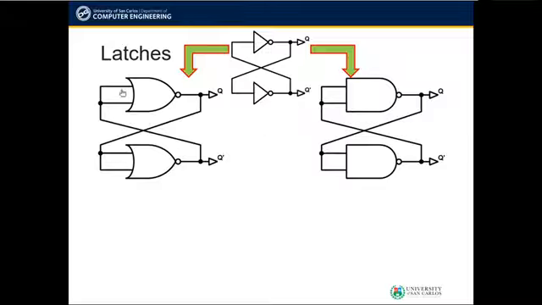We have this circuit with the NOT gates implemented using NOR gates, and this circuit with the NOT gates implemented using NAND gates. These two circuits will behave in exactly the same manner as this circuit, where they can hold an output value or state indefinitely. If you notice, the circuit is a closed loop. Once it is functional, we cannot introduce inputs to it to possibly change its output.